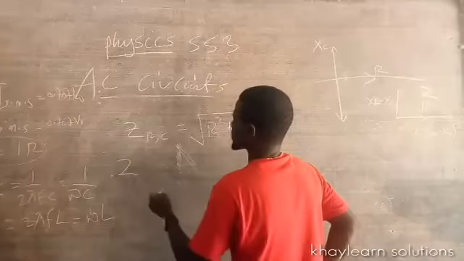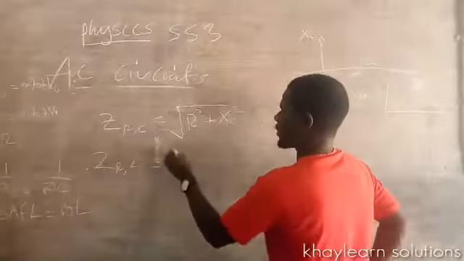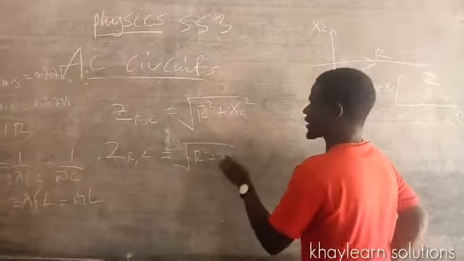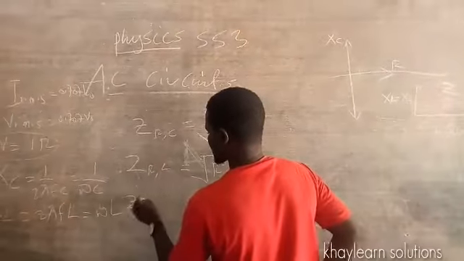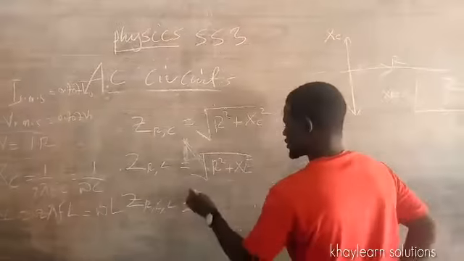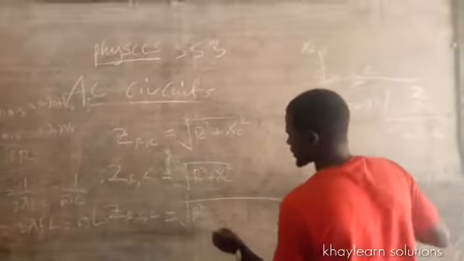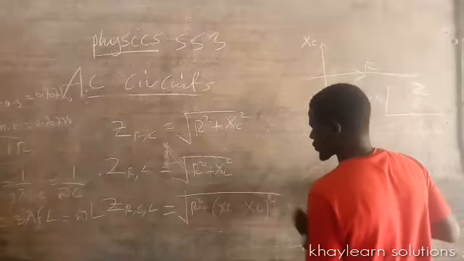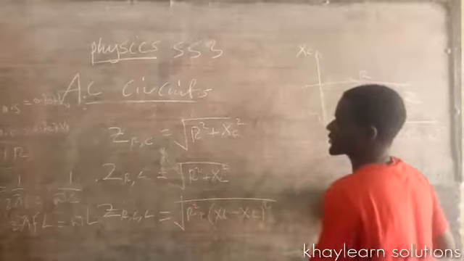Also, when a resistor and inductor are connected, the impedance is the square root of R squared plus XL squared. When the three of them are connected, the total impedance Z for R, C and L is the square root of R squared plus (XL minus XC) squared. So this is what you're supposed to know under simple alternating current.